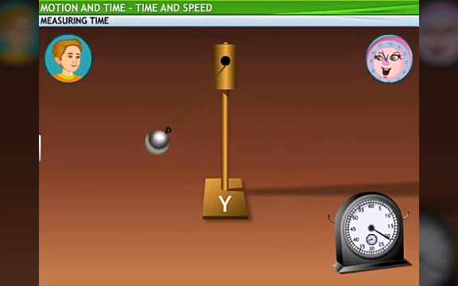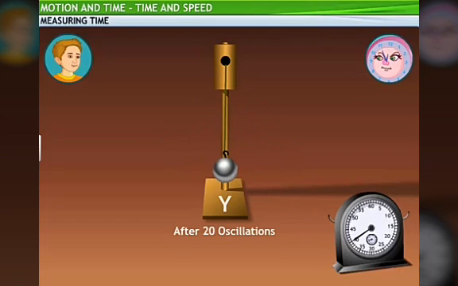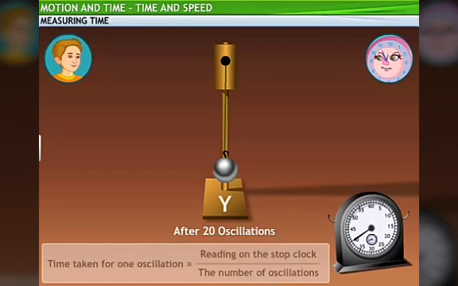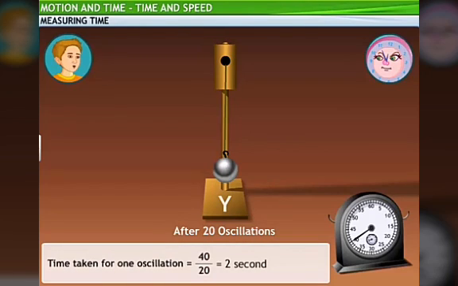Count the time taken for 20 complete oscillations. So, can you figure out how to calculate the time taken for one oscillation? Sure. The stop clock shows 40 seconds. We can divide this reading by 20 to get the time taken for one oscillation.